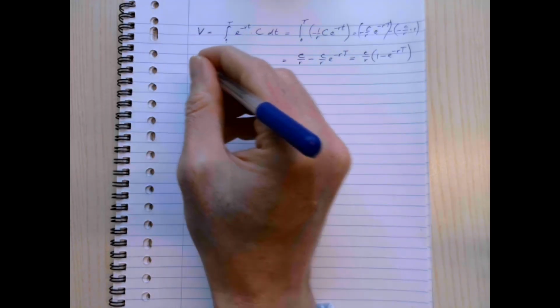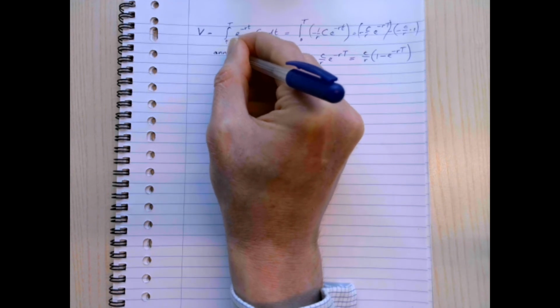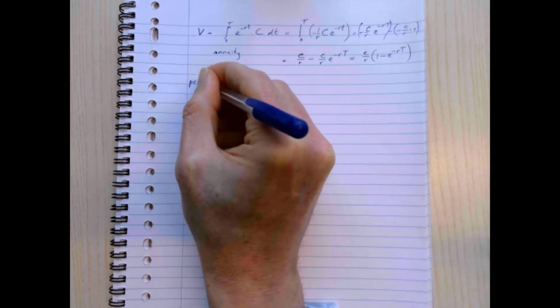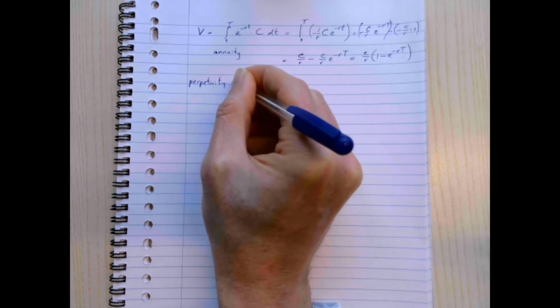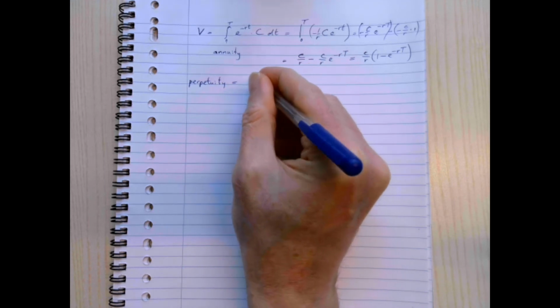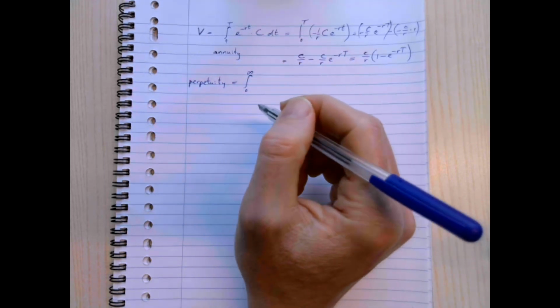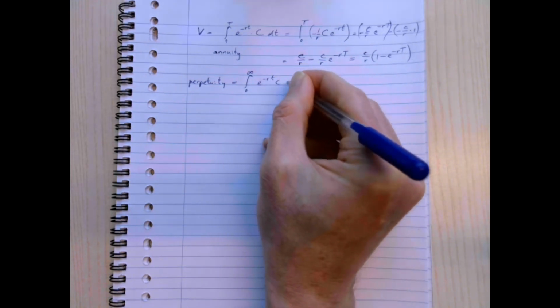So this was an annuity. The value of a perpetuity is the same integral, but now where the end time is actually infinite. So you forever have the cash flow C.